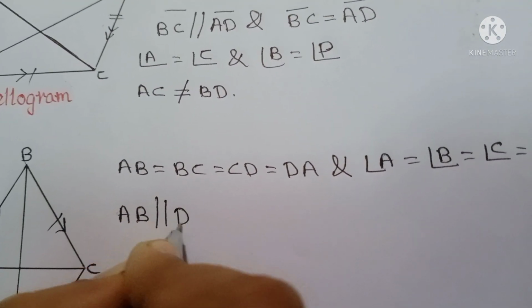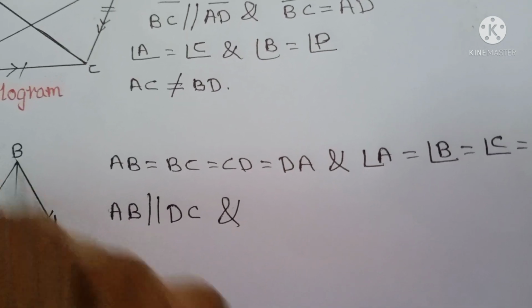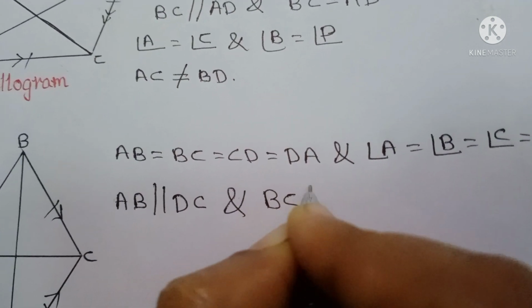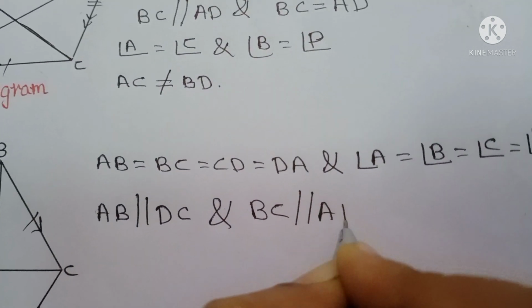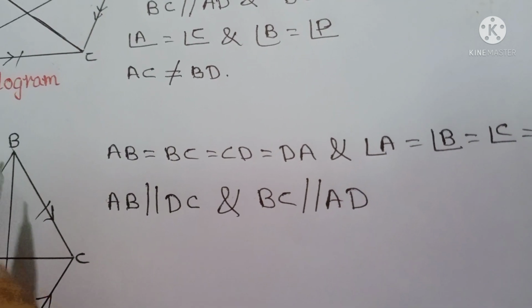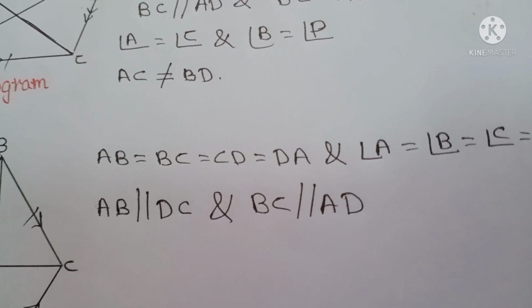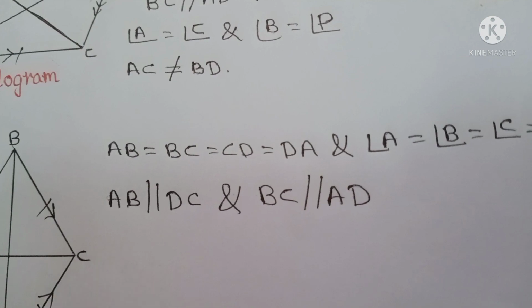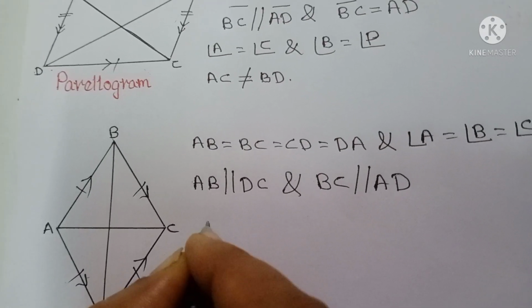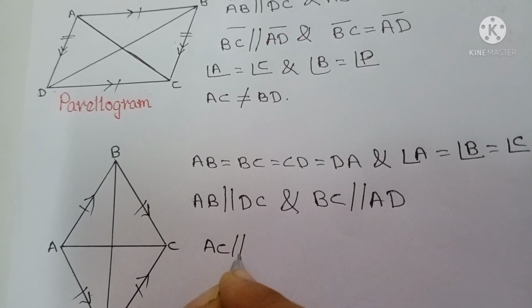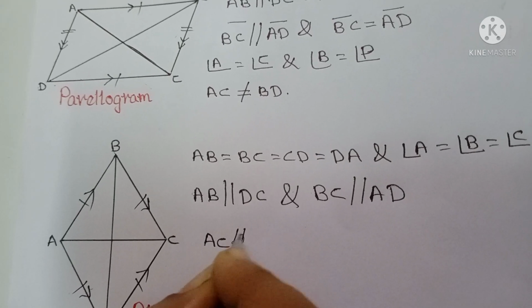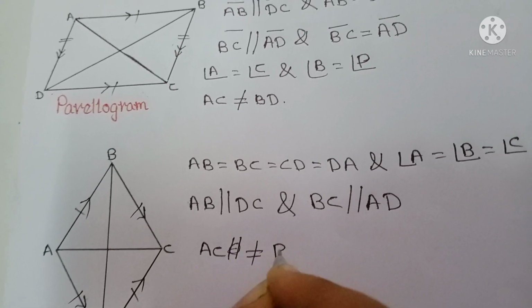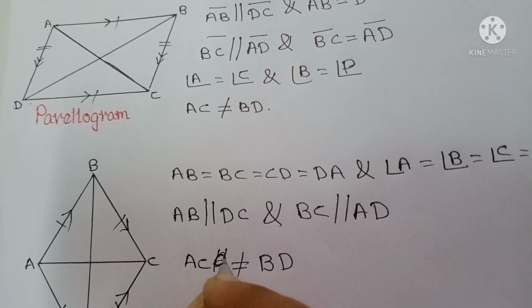AB parallel DC and BC parallel AD. And diagonals are not equal. AC is not equal to BD.